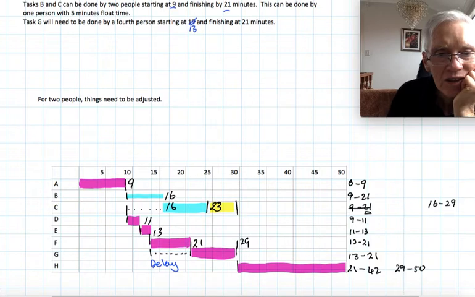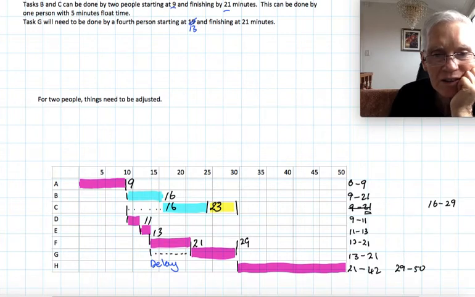So here the B and C can't be done at the same time, so this person here does task B, or could do task C first, C and then B, and they've got 6 minutes spare. That's a 6-minute float time because they don't have to finish till 29, and the last task has to be done after all those have been finished.